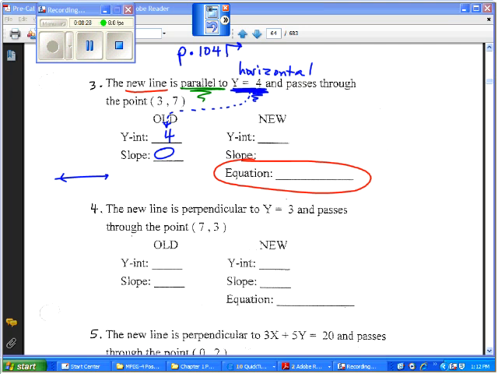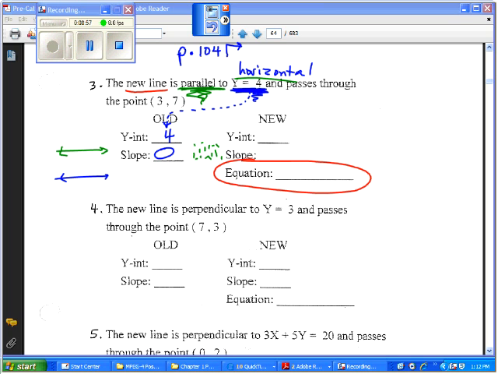And then it says, well, it's parallel to that. So then I would think, see, I'm not messing around in here now because we're away from those parallel and perpendicular rules, because that doesn't apply to horizontal and vertical. It could, but it's all weird, right? I'll talk about that in a minute. So we need to think, what kind of a line is parallel to a horizontal line? Another horizontal line.